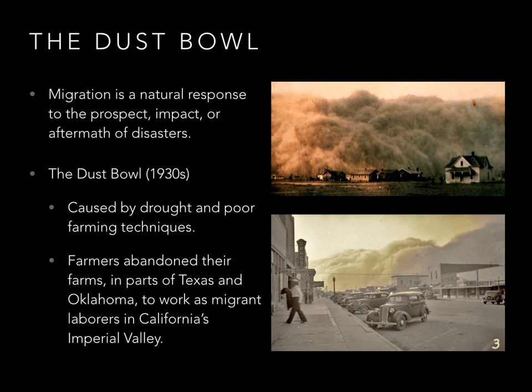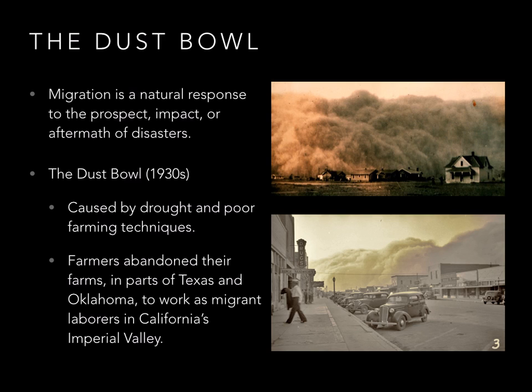Disaster-related migration. The Dust Bowl. Migration is a natural response to the prospect or the impact and the aftermath of disasters. The Dust Bowl in the 1930s was caused by drought and poor farming techniques.